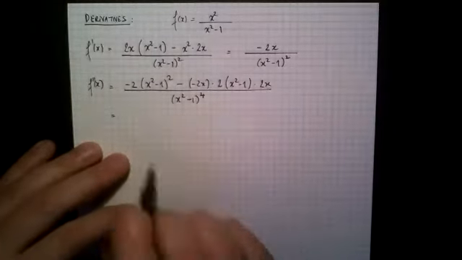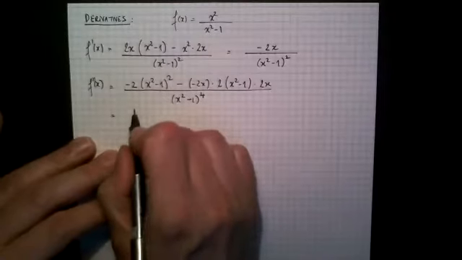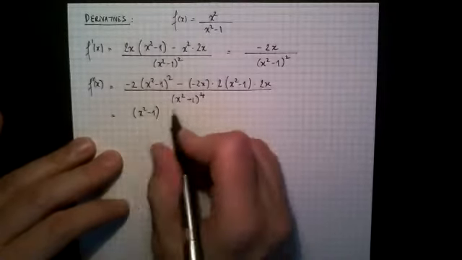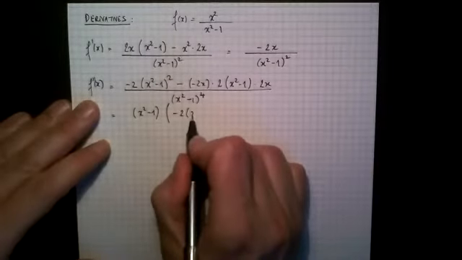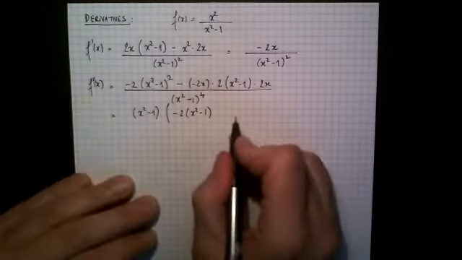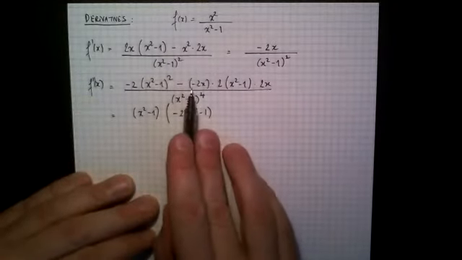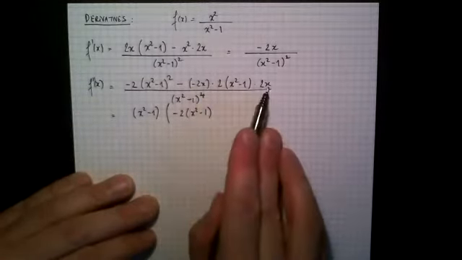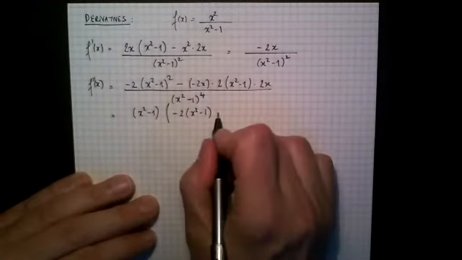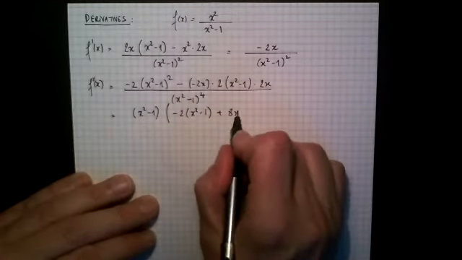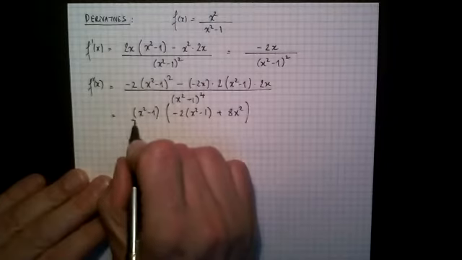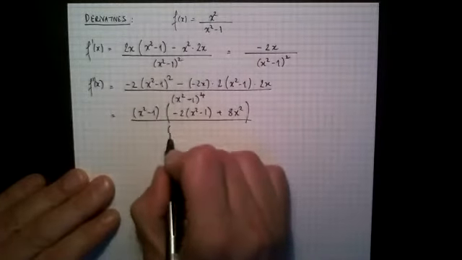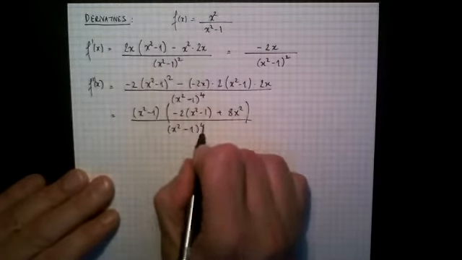I'm gonna do it in 2 steps, okay? I don't wanna mix you up. So x squared minus 1 times, so here I have -2 times x squared minus 1, and then here I have minus 8x squared plus 8x squared. And on the bottom, x squared minus 1 to the power 4.